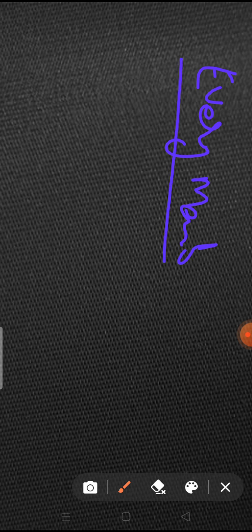Now every member of electoral college, what I said, every member of electoral college casts one vote. How many? One vote.